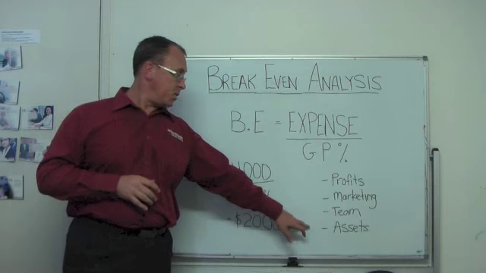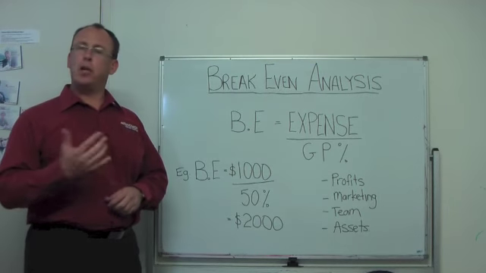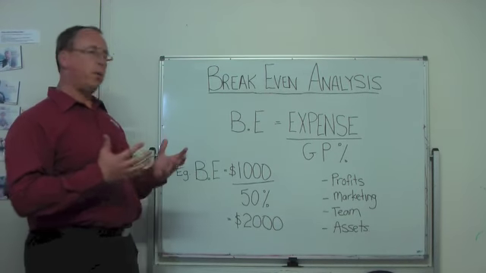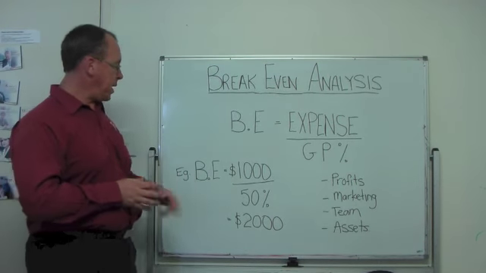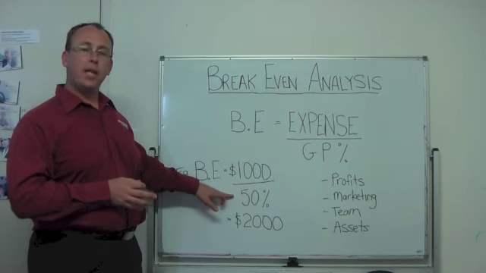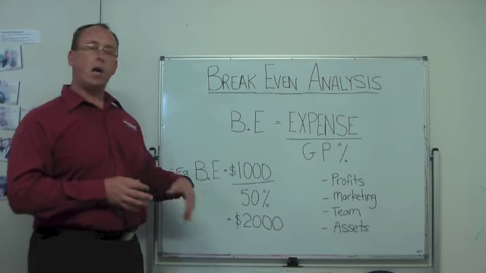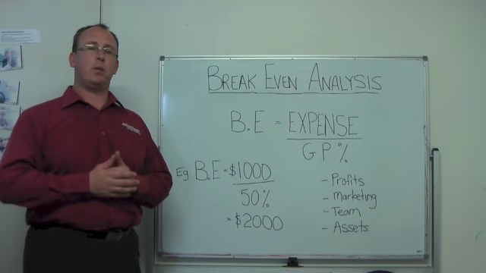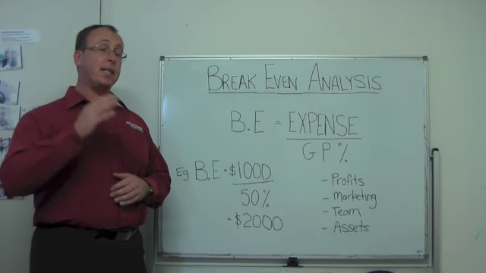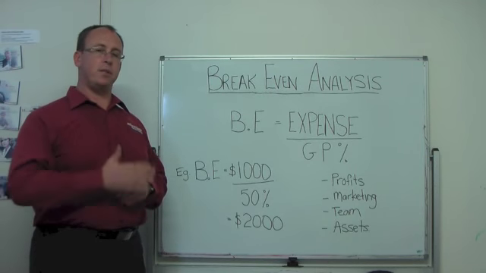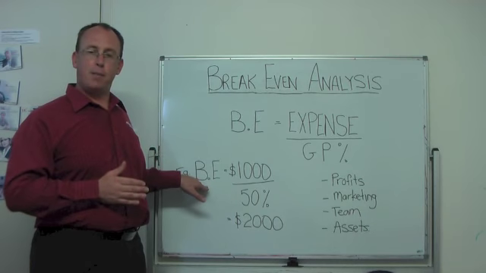And the last one down here is assets, machinery and equipment. So if you're going to buy a new widget maker for $10,000 and we know that your break even is 50%, so we know that that widget maker has to improve efficiencies by 20 grand. So is it going to speed up the throughput through your premises to make sure that you are able to meet that payback target?